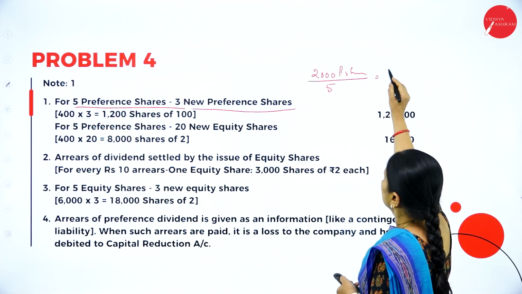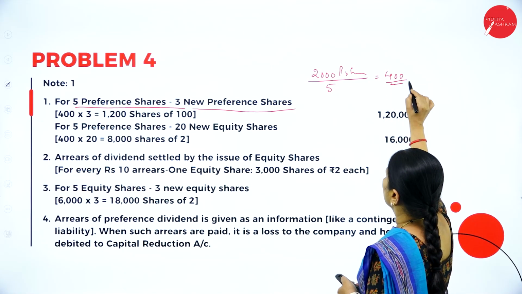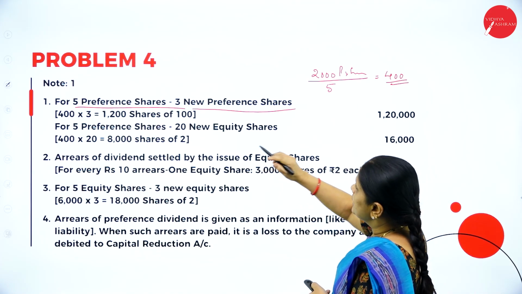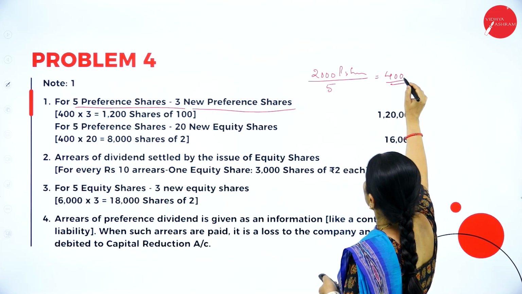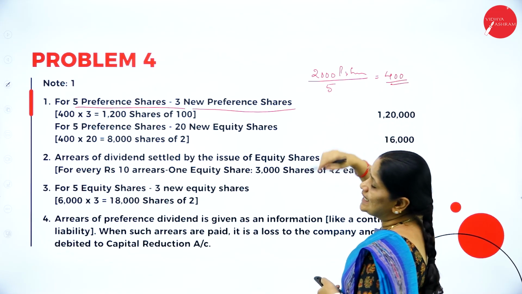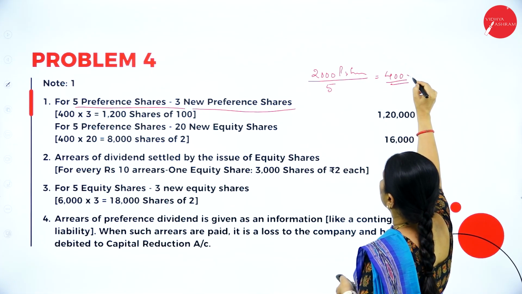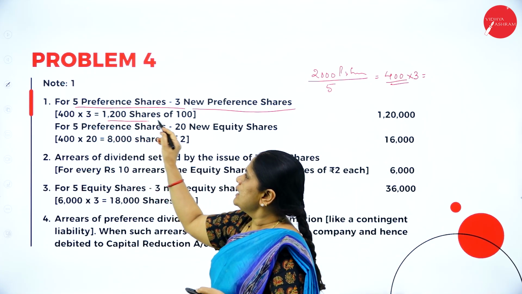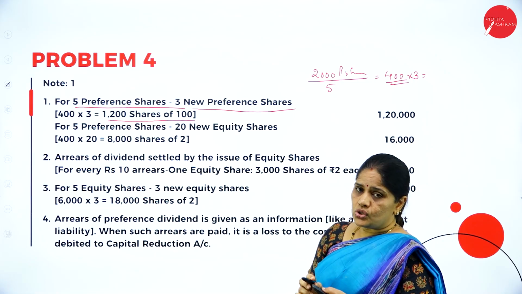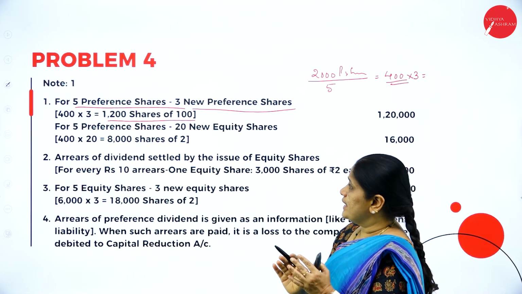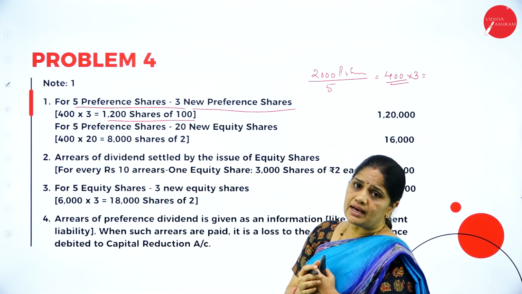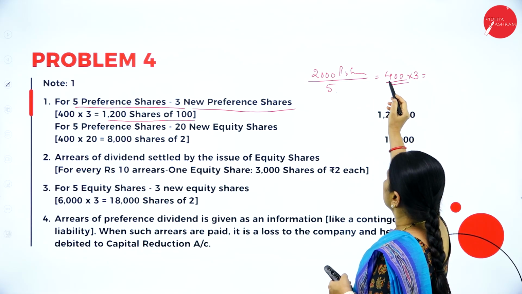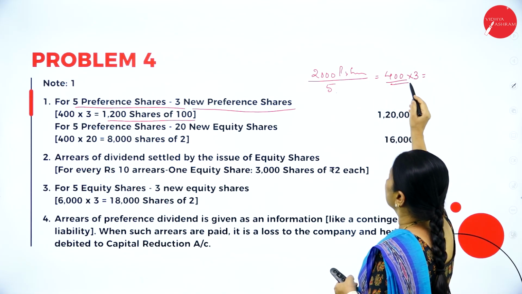How much will it be? 2,000 divided by 5 will be 400. So you will have 400 preference shares into 3. For every 5 they are issuing 3. So that will be 400 into 3. How much will it be? 1,200 shares of rupees 100. So for every 5 preference shares, 3 new preference shares are being issued, and 2,000 divided by 5 comes up to 400 shares. So 400 into 3.